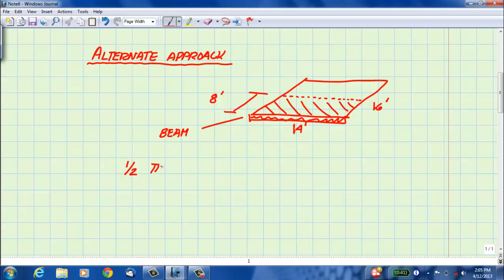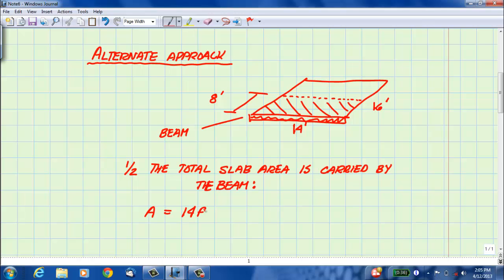Then we look at the shaded area. Half the total slab area is carried on each beam. That area is going to be 14 feet by 8 feet, or 112 square feet. This is called the tributary area.